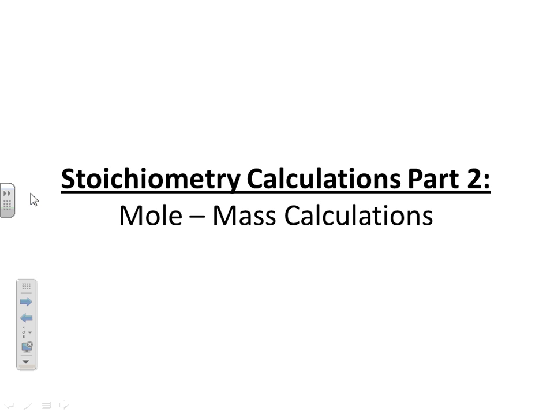Today's lesson comes in 2 parts. The first one we're going to do is going to involve one molar mass calculation. One calculation that involves grams. In the second examples that I do, we're going to need 2 separate calculations that involve grams.